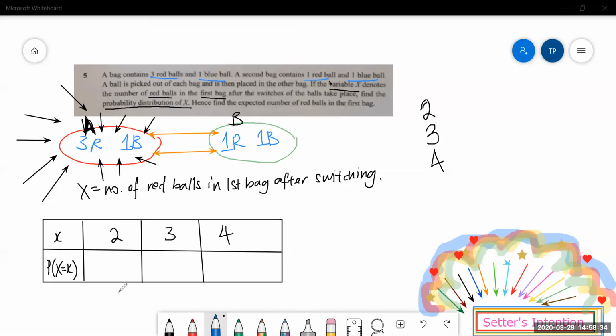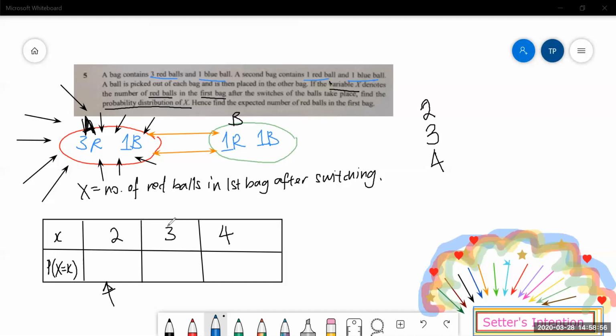So from here, we have to find the probability of getting 2 red balls. What do you all think? How are we going to get 2 red balls?